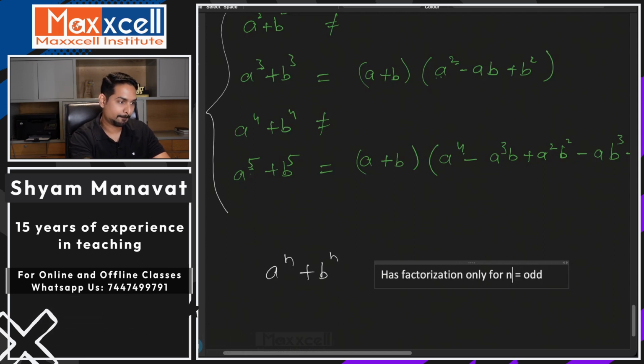Only when n is odd. The power is odd. For even powers, in the case of plus, no factorization.